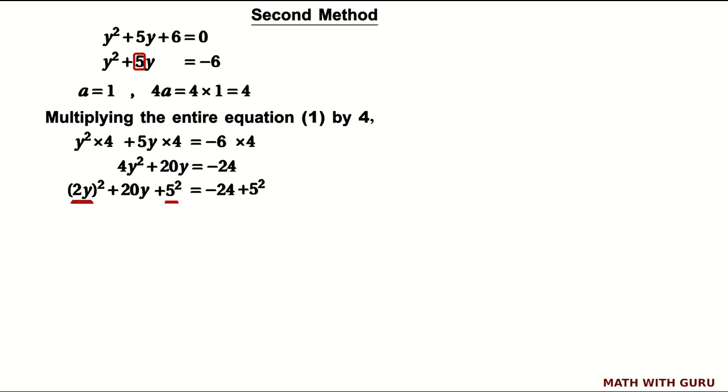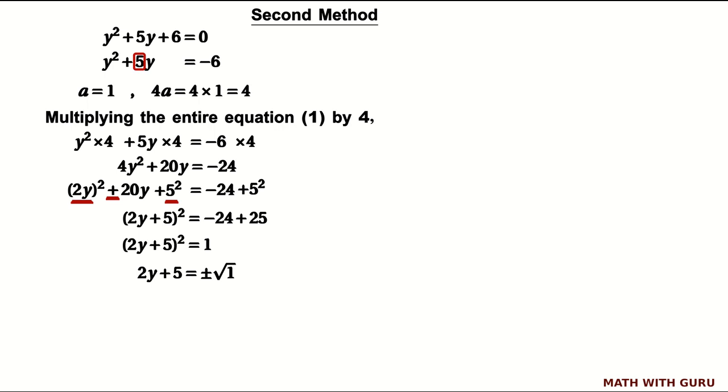Consider 2y, then 5. Here we have a positive sign, so we can factorize this as (2y plus 5) whole squared equals minus 24 plus 25, which equals 1. Minus 24 plus 25 is 1.